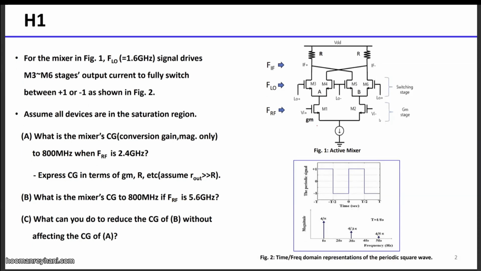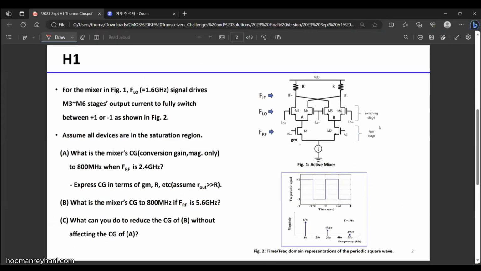Maybe I can use a pen in this case. We can split the current like this instead of using a common source, and then we can use some sort of an LC short circuit that resonates at 2.4 gigahertz. So at 2.4 gigahertz, this series LC shorts.